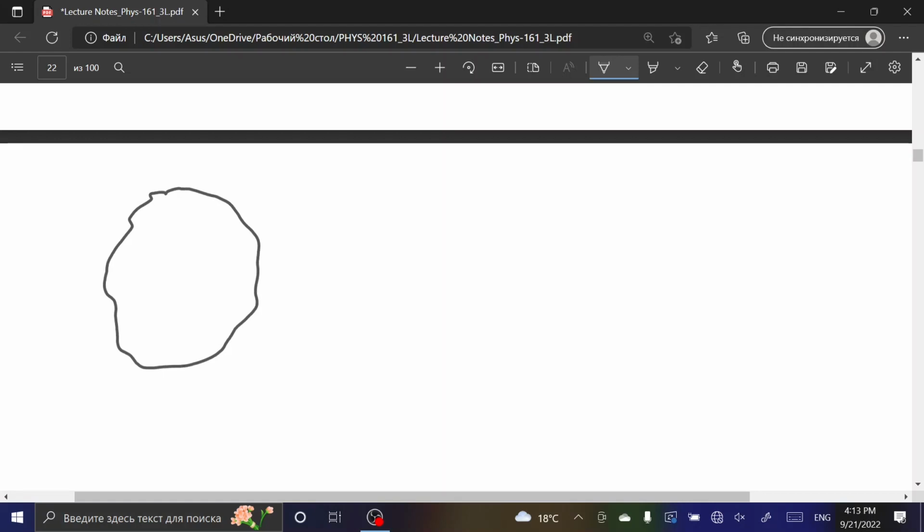and let's say here we have somewhere the center of mass, and we have an axis which goes perpendicularly to the plane of this screen through this center of mass. Let's say we know the moment of inertia with respect to this center of mass, ICM.